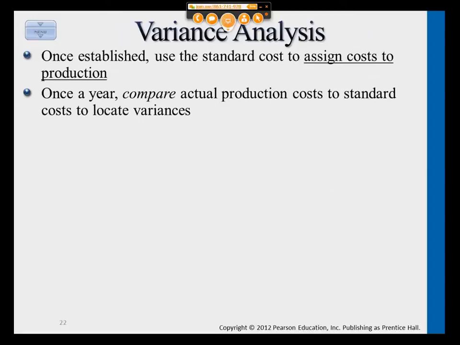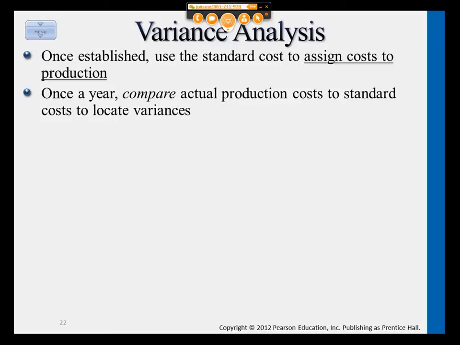Now let's look at how we actually apply them. Why do we need this? We'll see how it ties all together. So let's get back for a little bit to our variance analysis. Once we establish these standard costs, we need to assign cost to production, right?